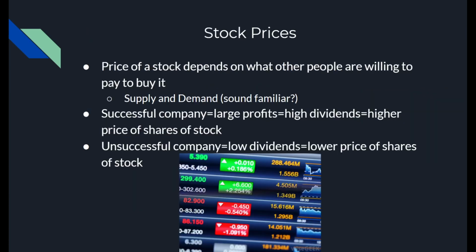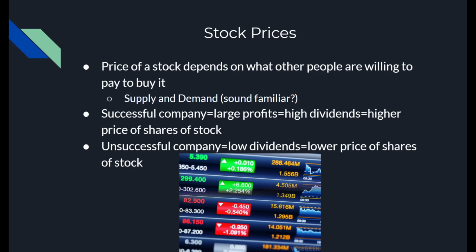So, stock prices. The price of a stock depends on what other people are willing to pay for it, so to buy it. Supply and demand. Successful companies have larger profits, high dividends, which equate to a higher price of shares of stock. There are obviously exceptions. Like, for example, mRNA, right? mRNA doesn't give out dividends.